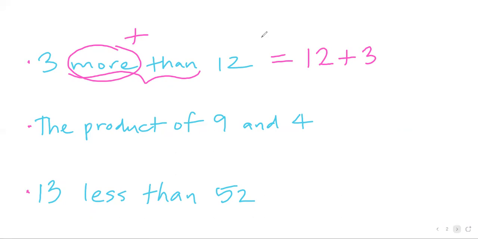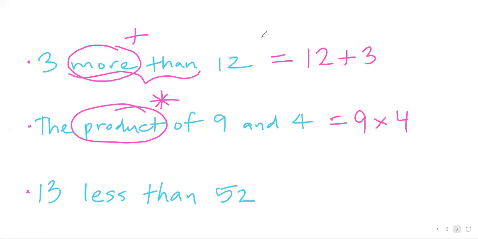There are some tricks, but right now I think it's more about really visualizing it and trying it out. We'll continue to practice, so don't sweat it if you're still super confused. The next one would be the product of 9 and 4. Product is a vocabulary word that I know refers to multiplication. So if I have the product of 9 and 4, then I have 9 times 4. There's my expression. And then here we go.